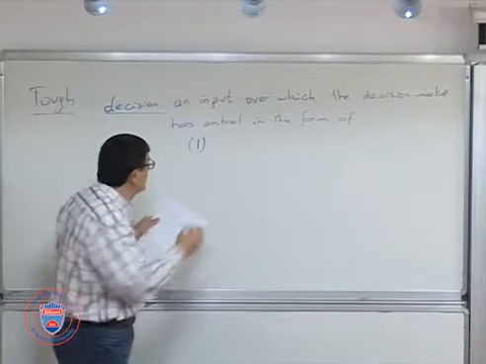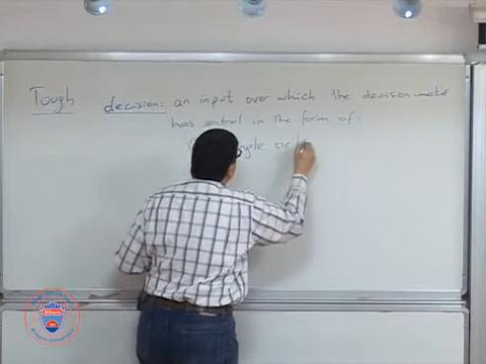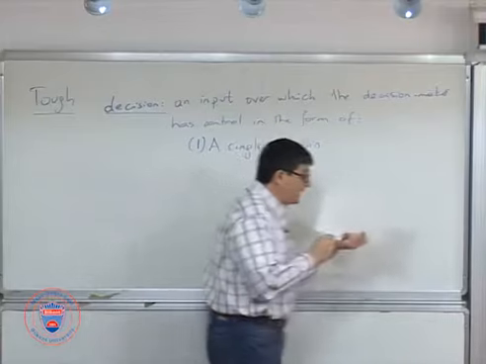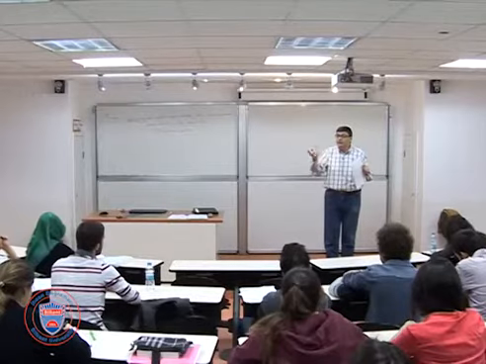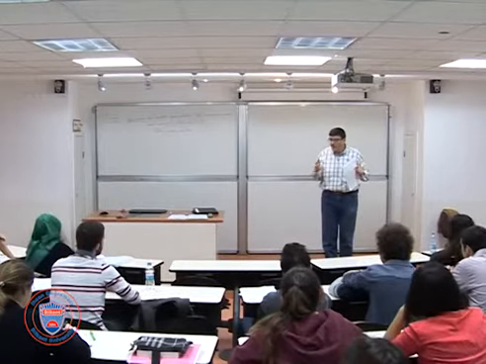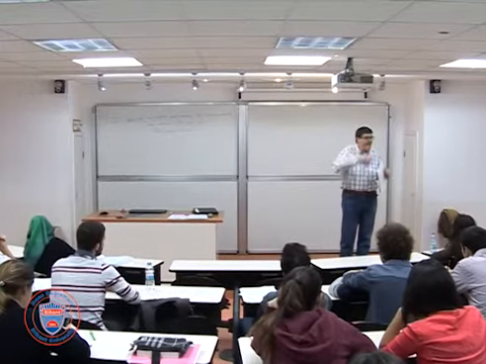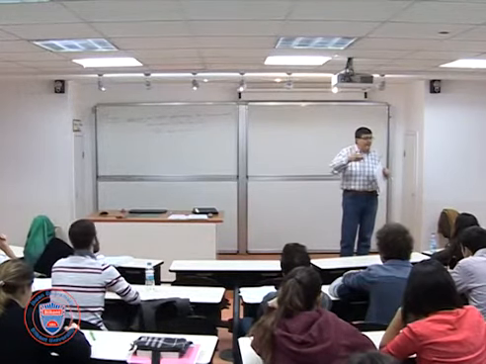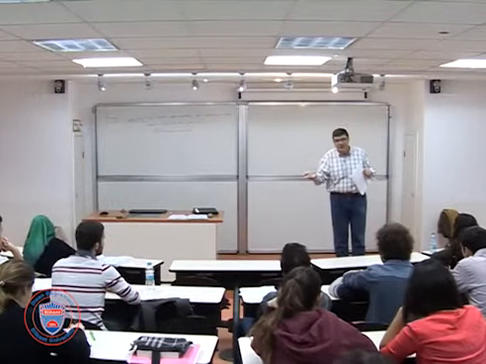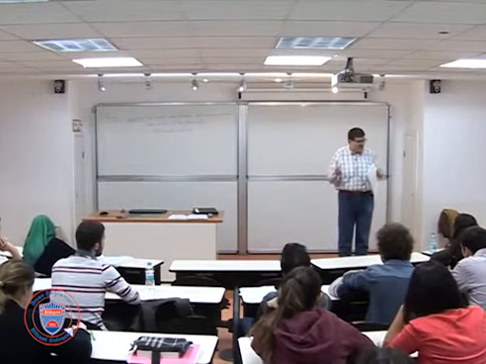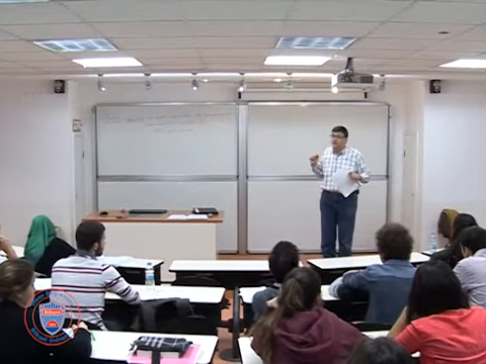Now, the first one is simply a single action. In other words, I'm asking you, are you willing to do this? You say yes or no. This is a single action. If you say yes, it means that you are going to take whatever is necessary to do that, but that is a decision. So, are you going to the movies tonight? The answer yes means that you will be going to the movies. So it might be a very simple action of this sort.